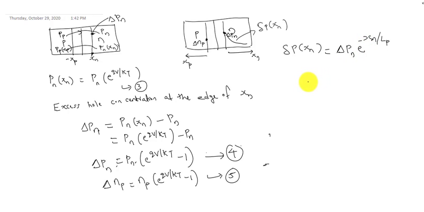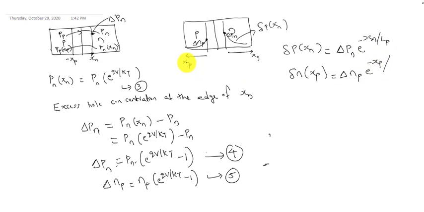Similarly, we can write the electron del N of Xp. Here electrons are diffusing like this. So del N of Xp will be equal to delta Np, that is the excess value at the edge of P side, delta Np e raised to minus Xp by Ln.